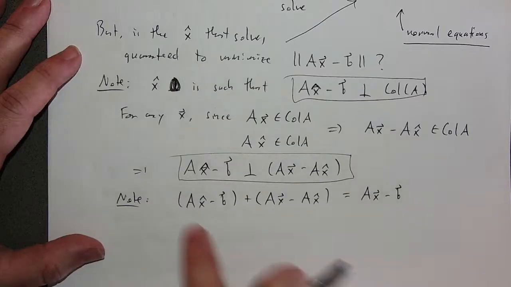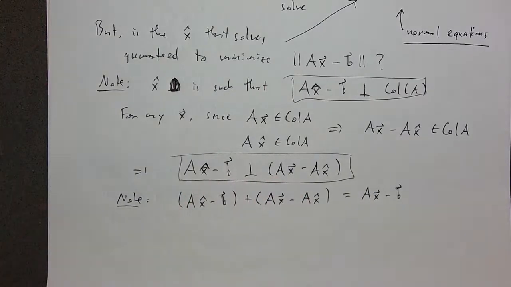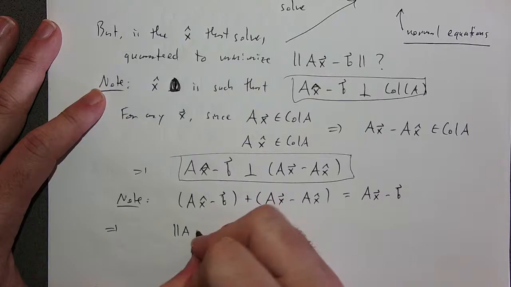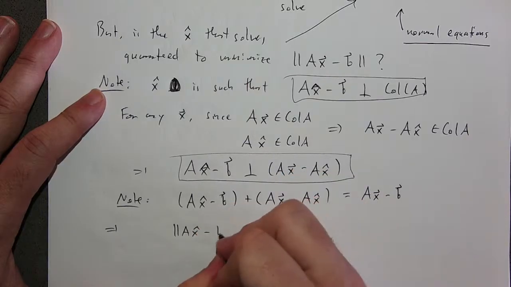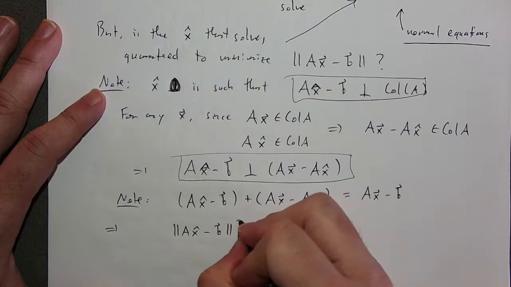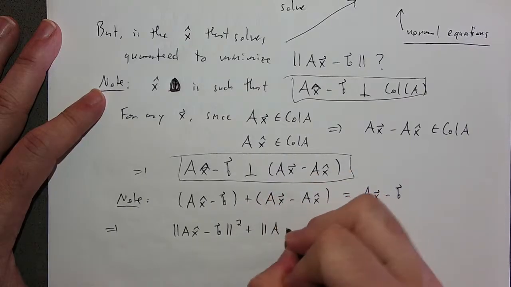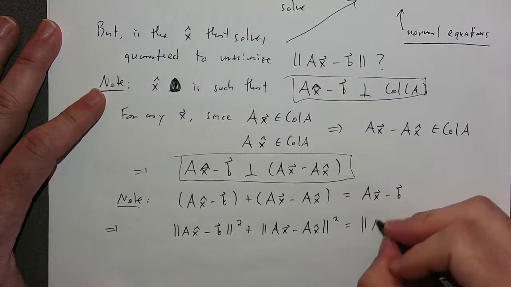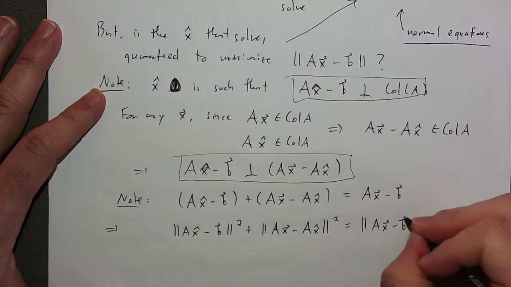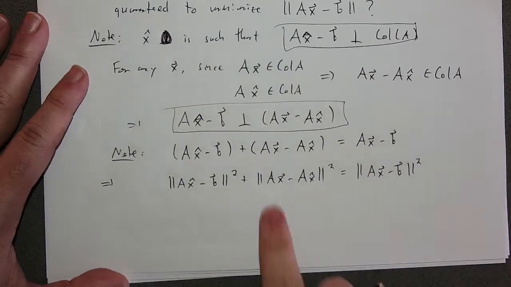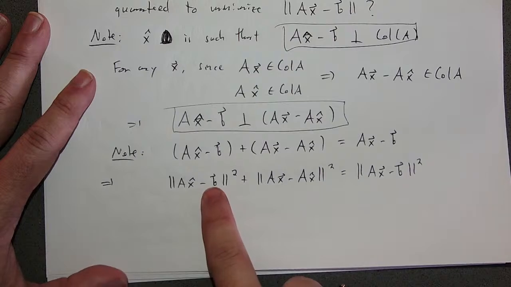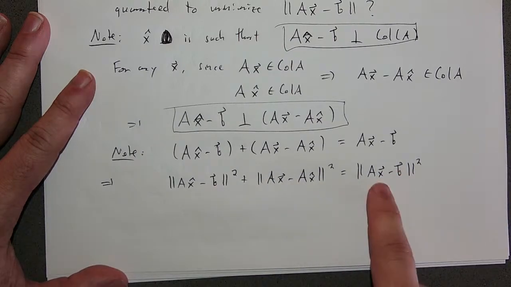Since these two are perpendicular, what I know is that by the Pythagorean theorem, squaring these things, I have the sum of squares. This is a positive thing I am adding to this expression, and it is equal to this other thing.